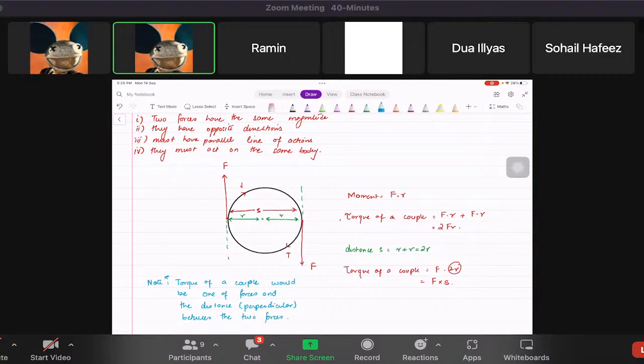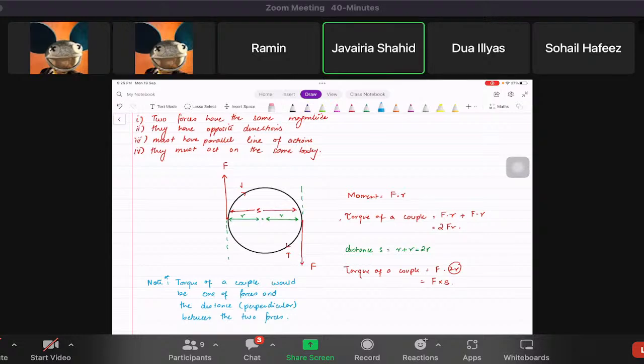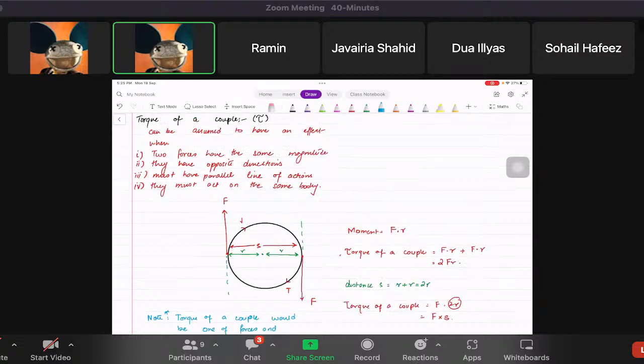All right. Any questions, please? So basically, the forces should be opposite and parallel to each other. Yes, that they should follow the four properties. If they don't, it would not be a couple. All right. And then to find it, you just need to multiply the magnitude of one force and the distance between both the forces. Understood?